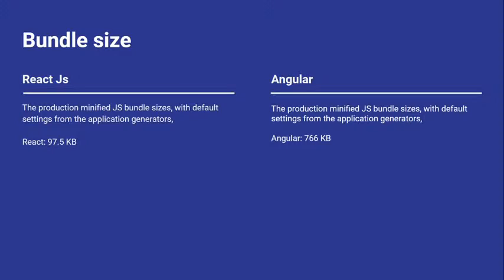That bundle size of the default application is 97.5 KB for React.js. The same thing in Angular is 766 KB. So compared to Angular, React.js is very low. So that's why React.js is preferable.